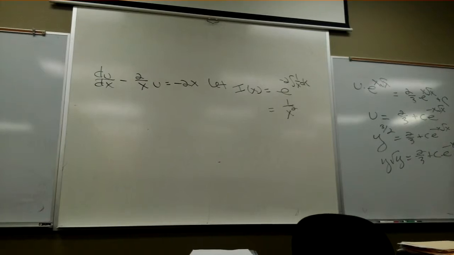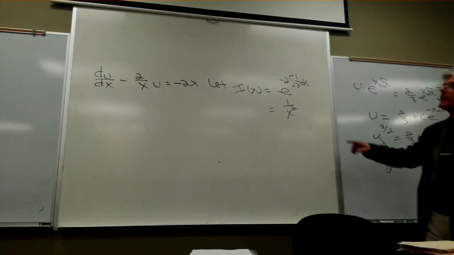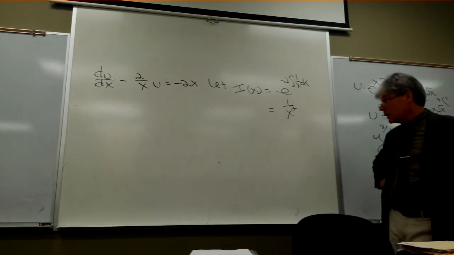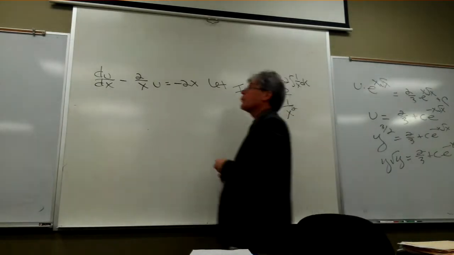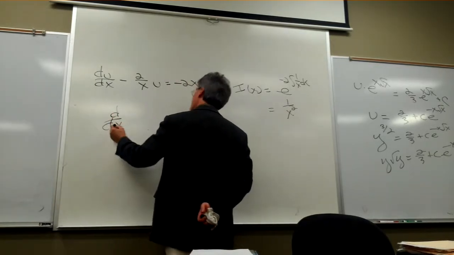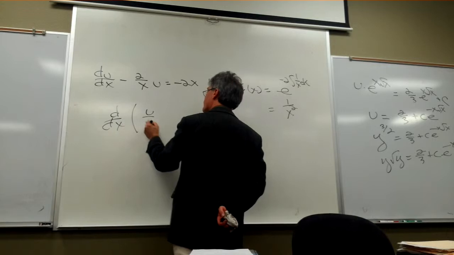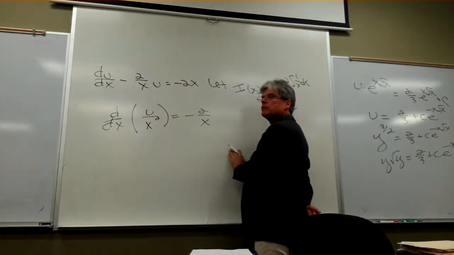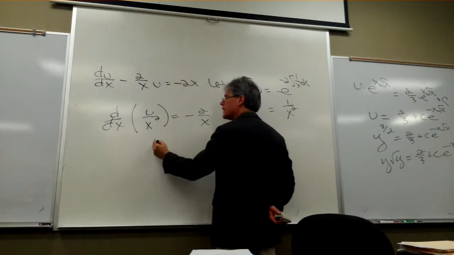By the way, you guys, can I make the simple assumption that x is strictly positive? And I maintain that multiplying both sides by this integrating factor, I have the derivative with respect to x of my u over x squared being equal to negative 2 over x.